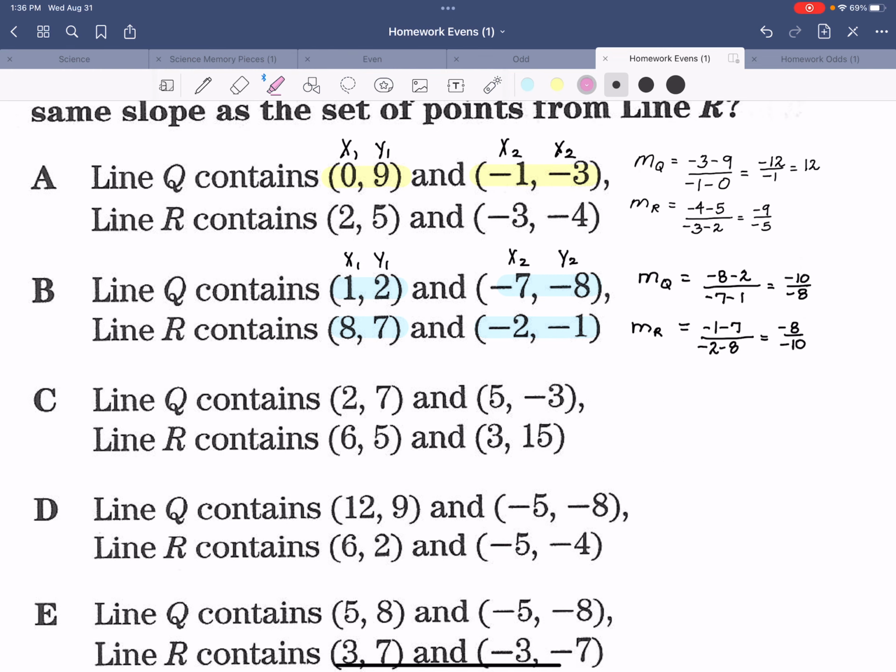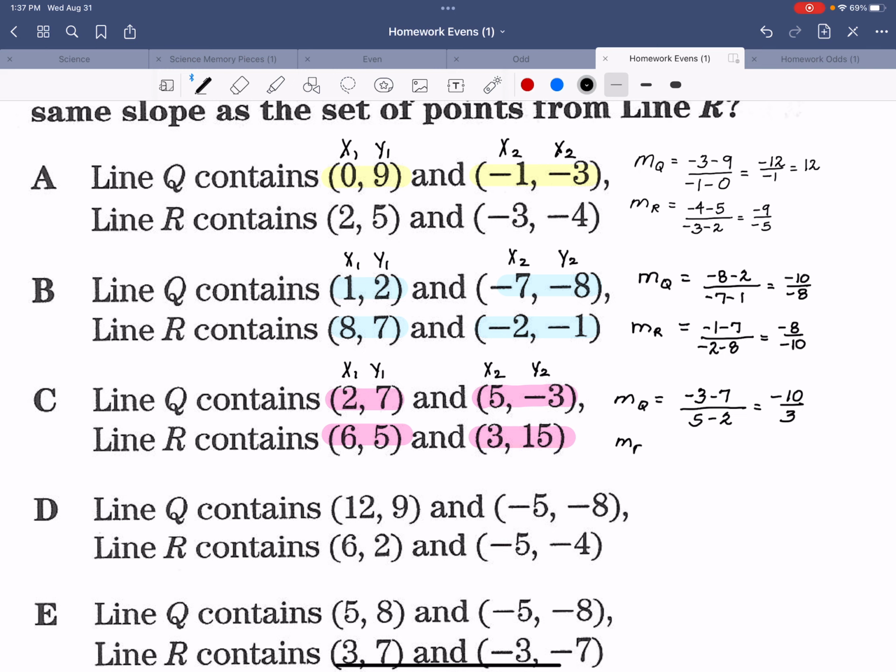Okay. 2, 7, 5, 3, 6, 5, 3, 15. These are the 1s, and these are the 2s. So the slope of Q is -3 minus 7, 5 minus 2, so that's -10 thirds.